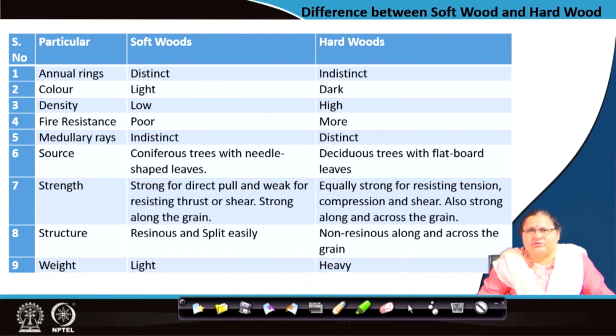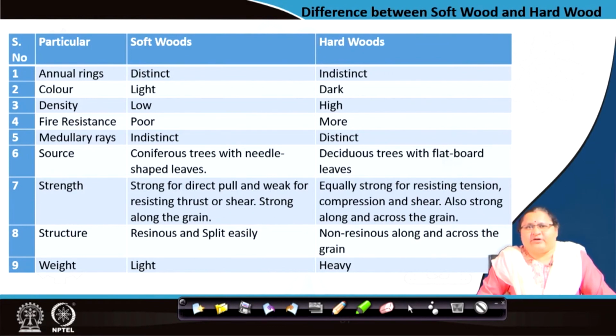Density, which is a reflection of weight: the softwoods are lighter in weight, whereas the hardwoods are more weighty. Fire resistance: softwoods are poor, whereas hardwoods have better resistance. The medullary rays are not so distinctly seen in the case of conifers, whereas they are distinct in the case of hardwood.